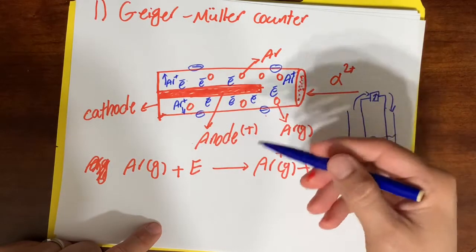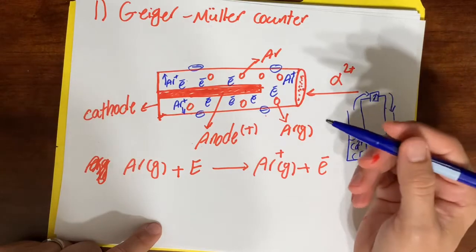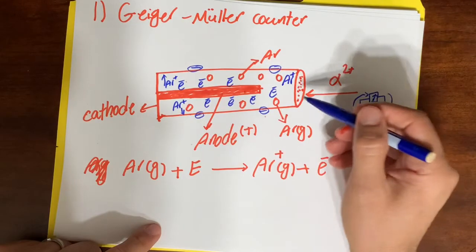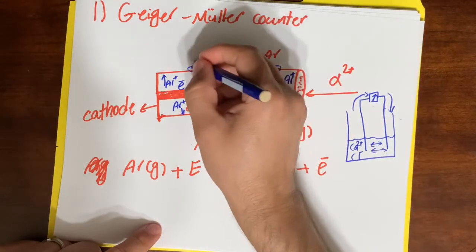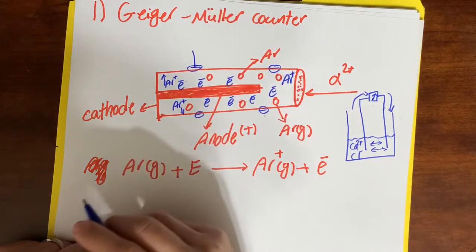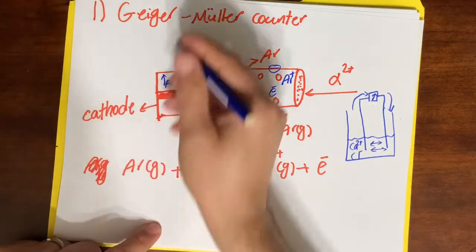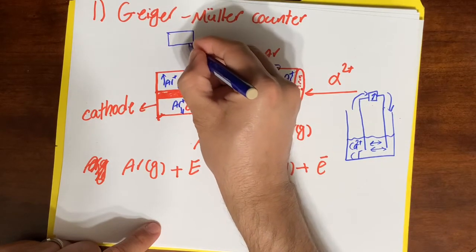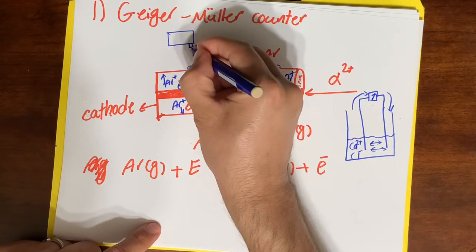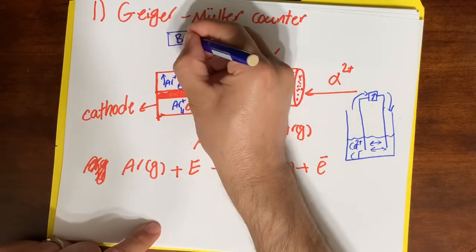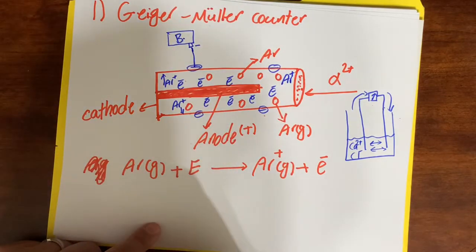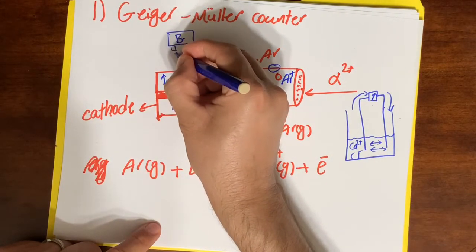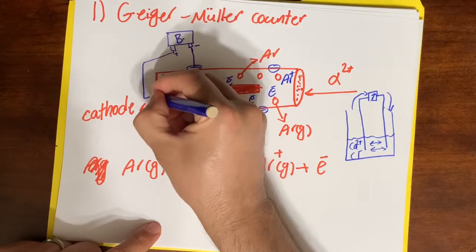So now we will have conductivity. And what we do is connect, let's say this one, to the negative side of the battery. So let's assume I have a battery here, and this is the negative side of the battery. I will connect it here. So this is our battery, and the positive one, if this one is positive, we will connect it here.